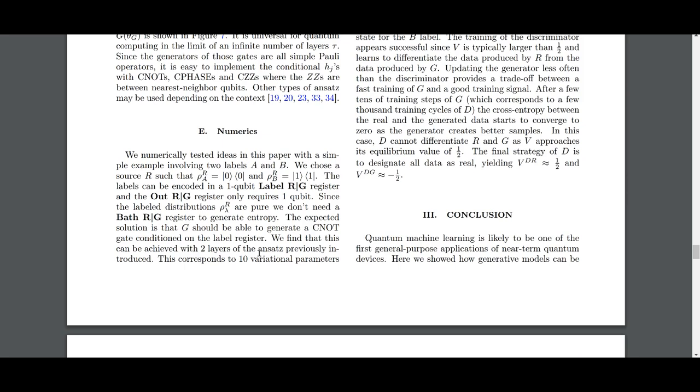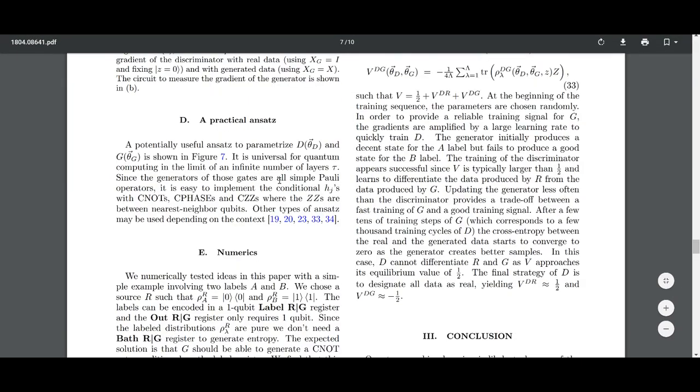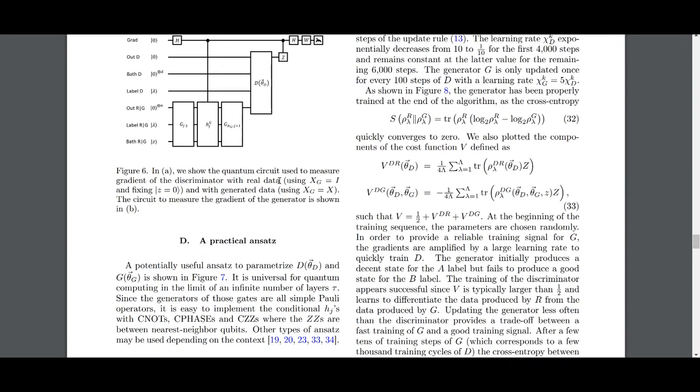Exactly. What G is doing is trying to generate, you want to train G, the generator, to generate elements that seem like they belong to R, which has two labels, A and B. So the goal here is, if you give G the label A, then it should be able, by means of a control node, to choose. I think that's what it means.